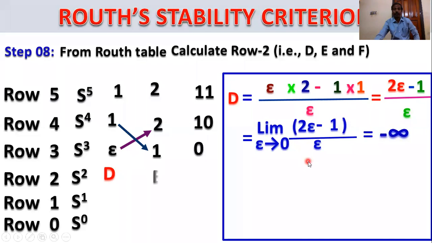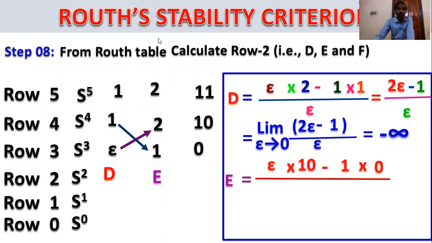Then calculate E. E equals epsilon into 10 minus 1 into 0, divided by the first value epsilon. So E equals 10.